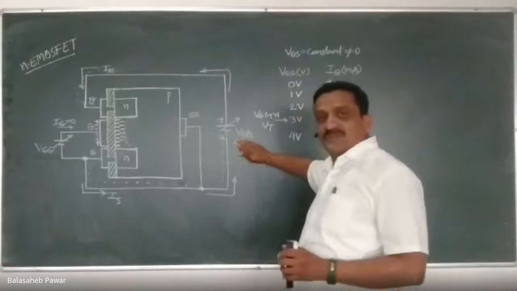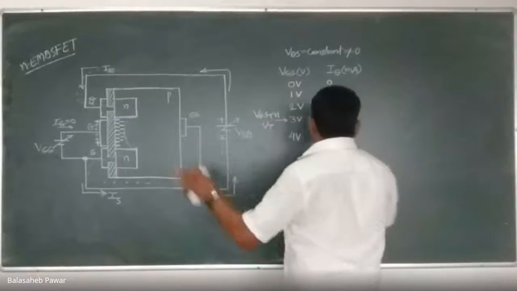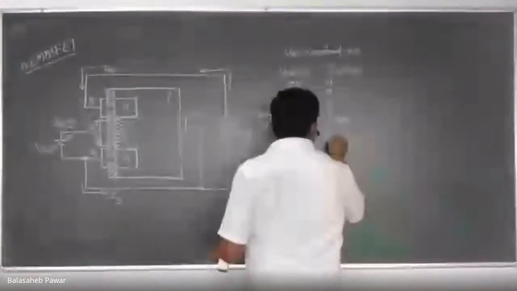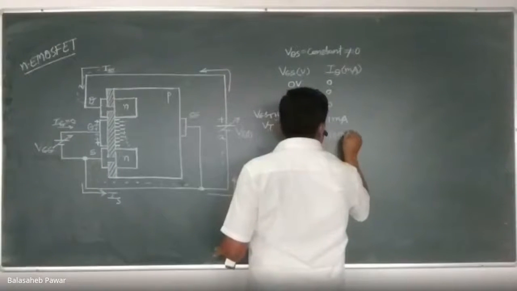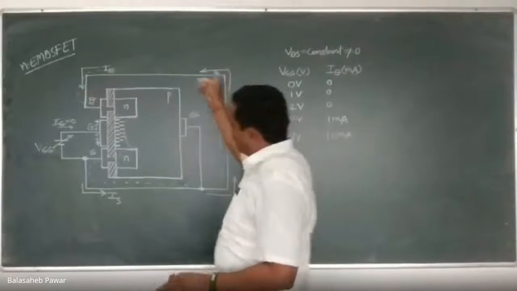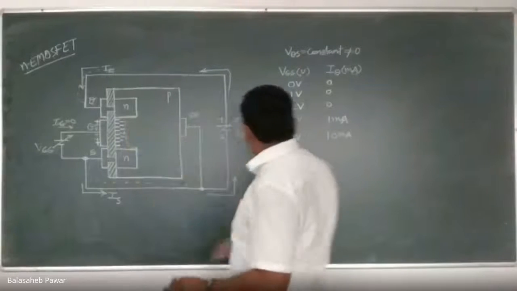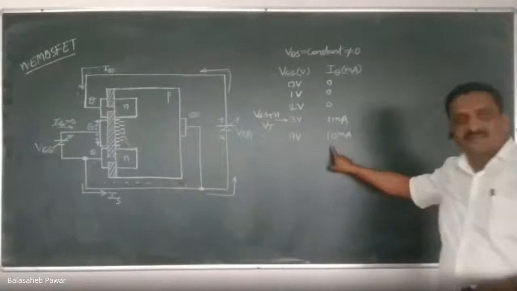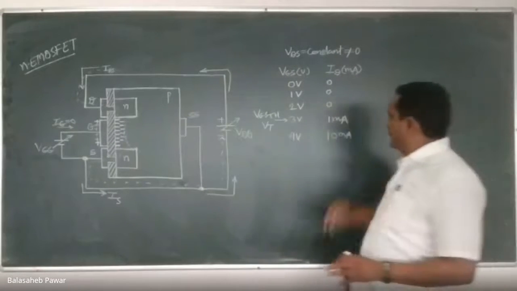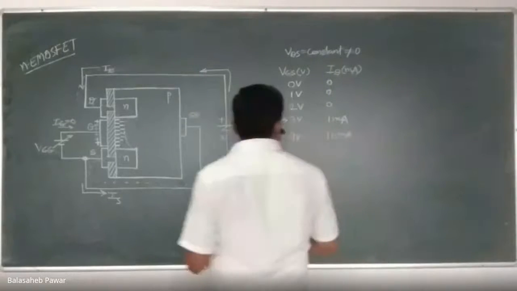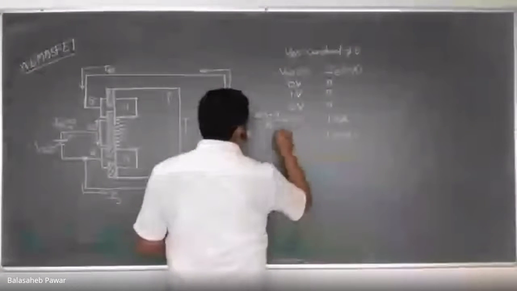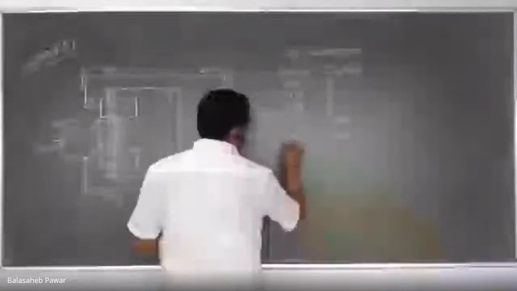Again, if I increase this VDD from 0 onward, the amount of current flowing through the channel will go to 10 milliamperes. Am I right?